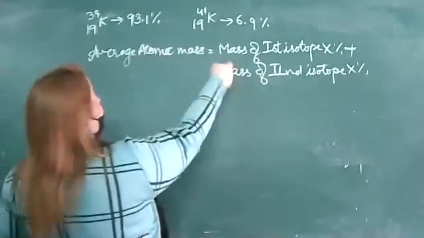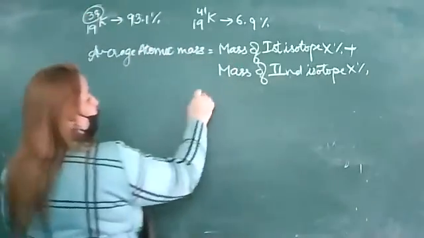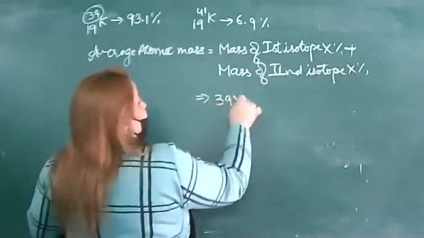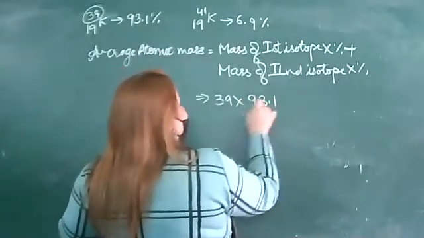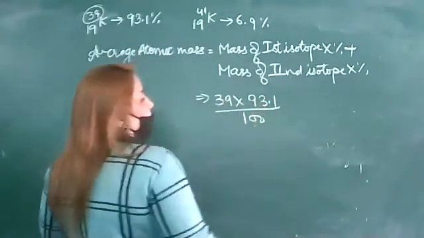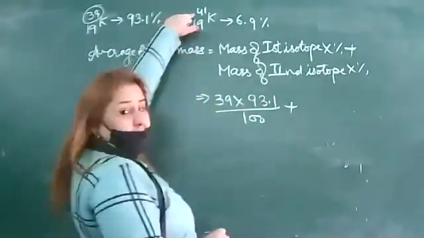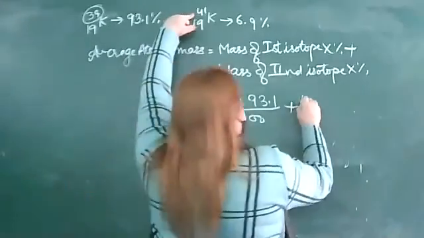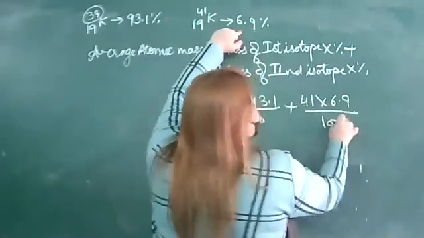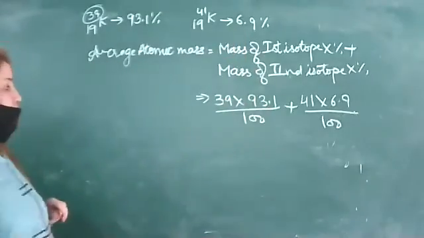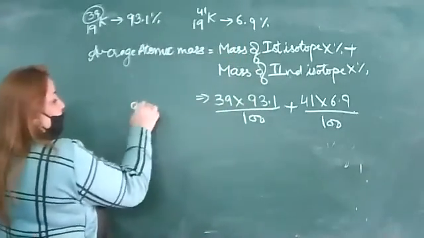Now, what is the mass of the first isotope? 39. Percentage is given, 93.1 divided by 100, plus second isotope 41 multiplied by percentage 6.9 divided by 100. Multiply this one.